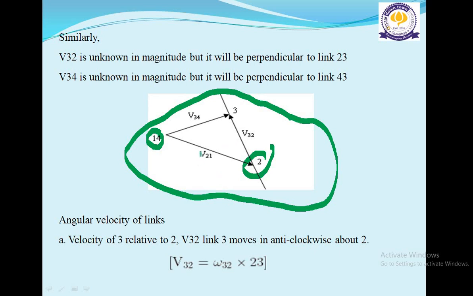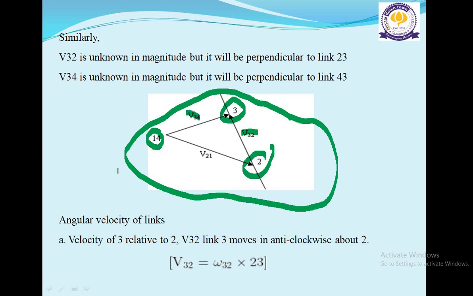As we have already discussed in our previous lectures, how to draw the velocity diagrams. Here you can see the velocity for point 3, velocity of 3 with respect to point 2, and since this is the fixed point, velocity of 3 with respect to point 4.